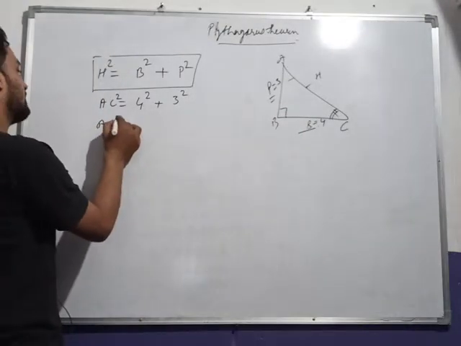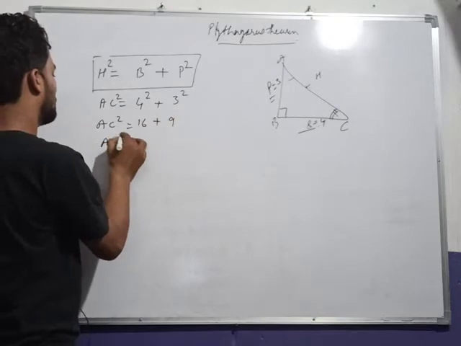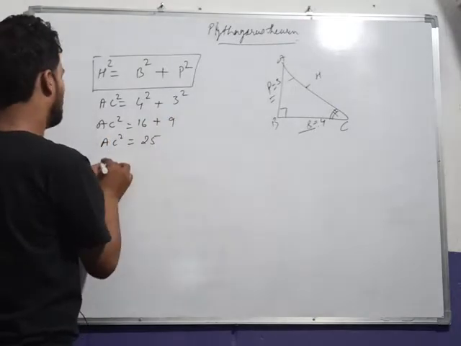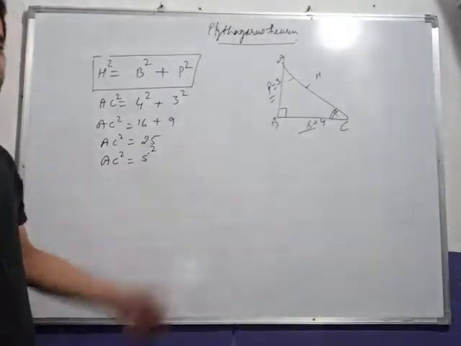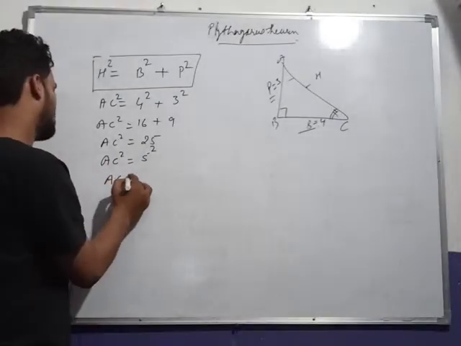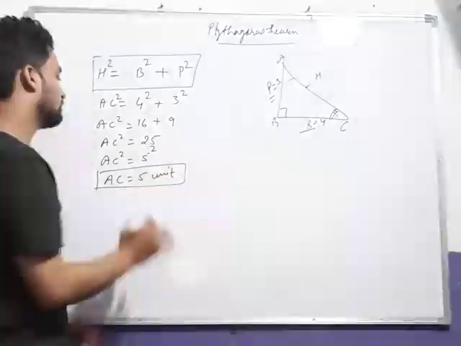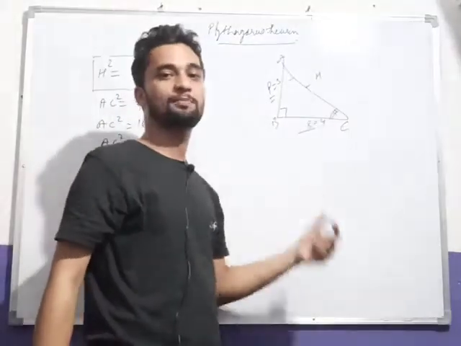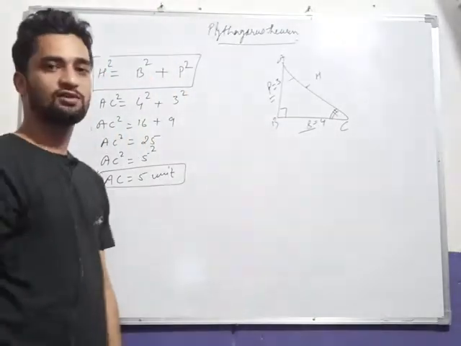So AC squared is 16 plus 9, so AC squared must be 25. AC squared must be equal to 5 squared, and this we can compare. After comparison, AC must be 5. Nothing is given, so we are writing unit only. So the hypotenuse is 5 units when the perpendicular was 3 units and the base was 4 units.